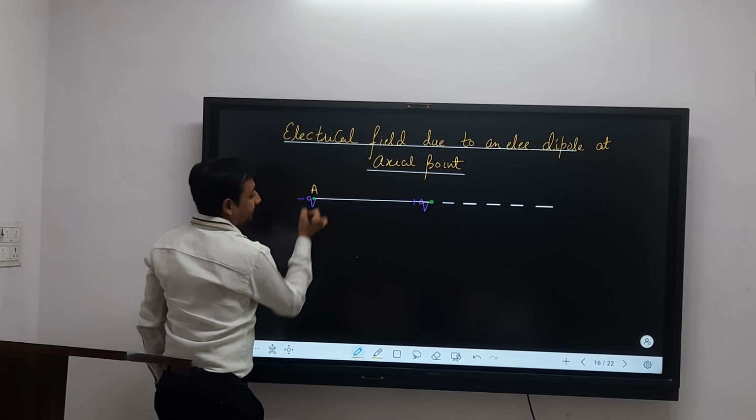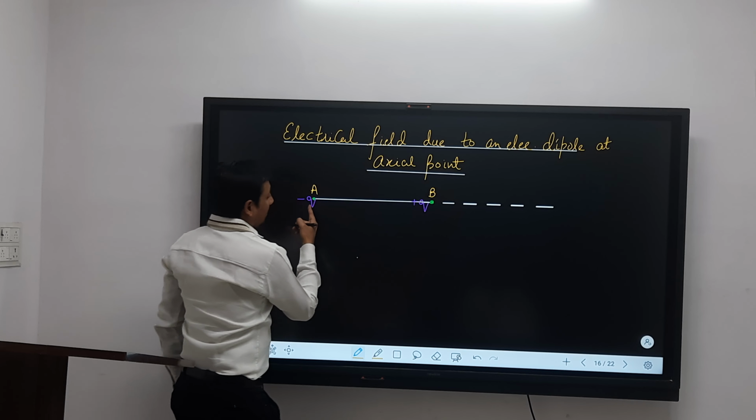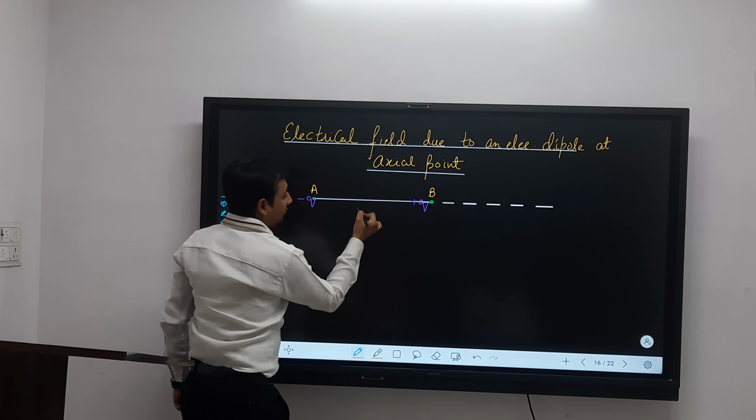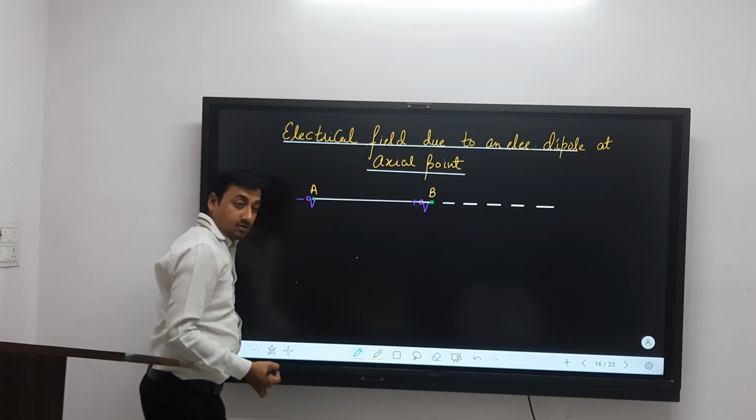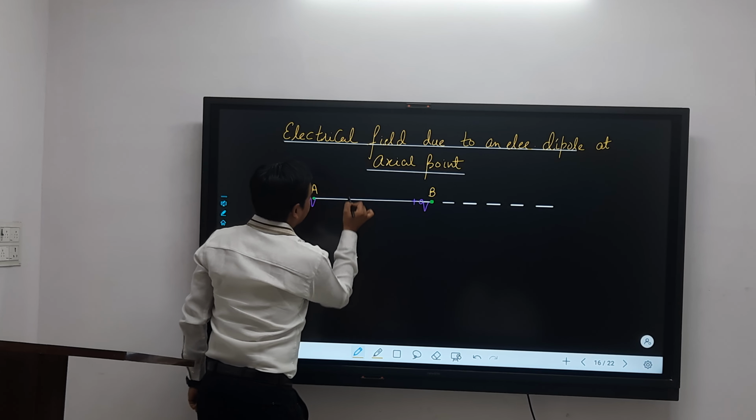Let's suppose this is point A and this is point B. The distance between minus q and plus q is always 2a.